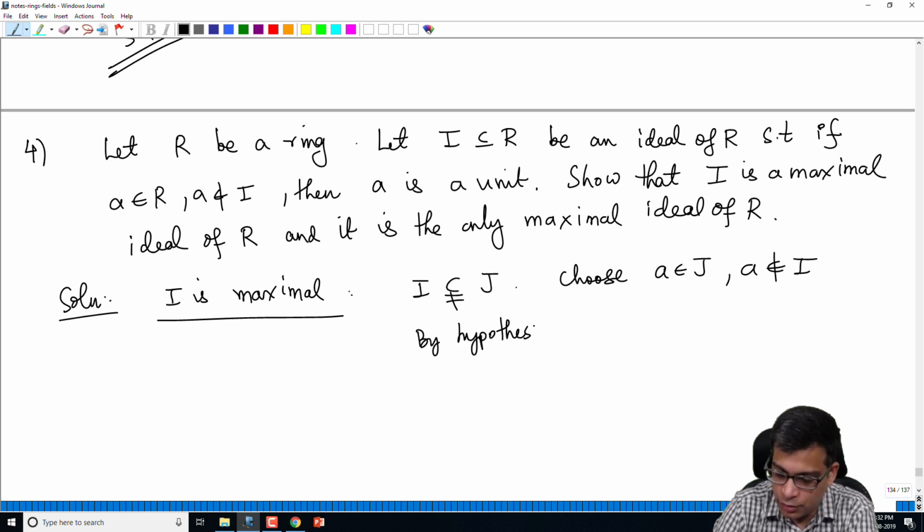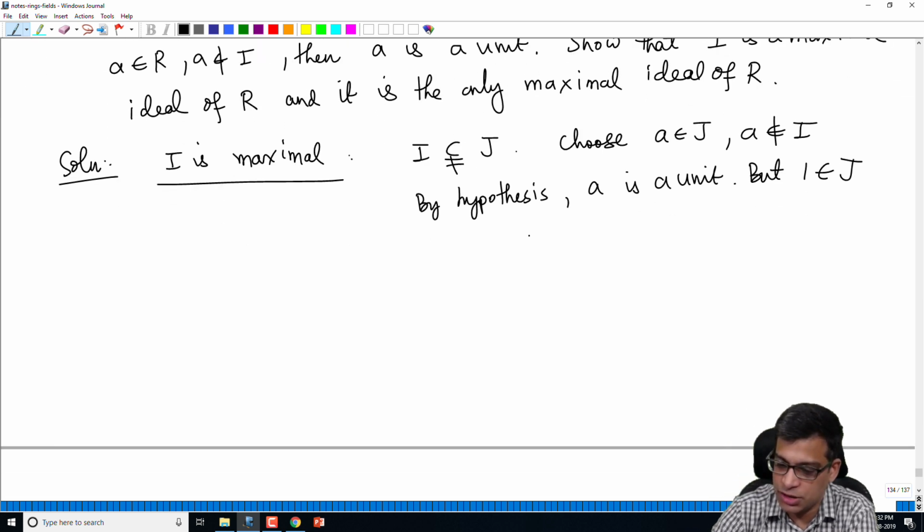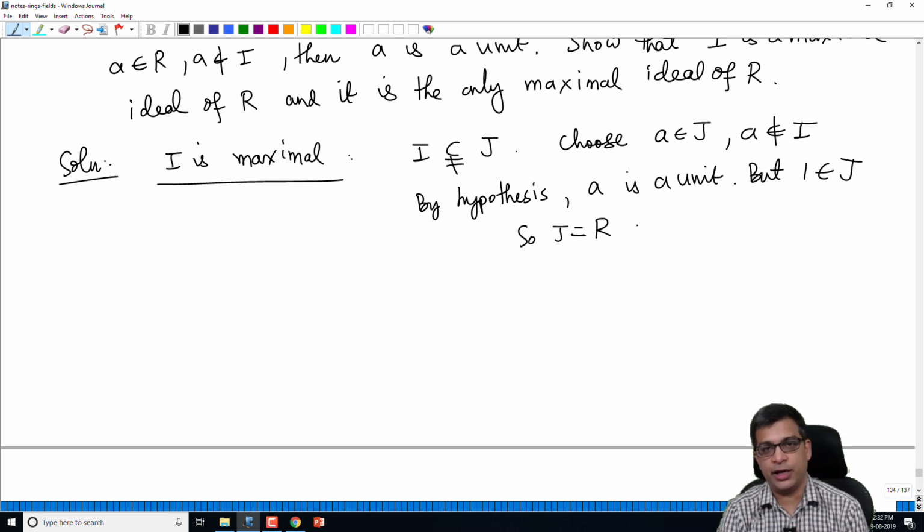Every element of the ring which is not in I is a unit. So A is a unit. But then 1 belongs to J because A times something is 1, A is in J, so 1 is in J, so J is R.